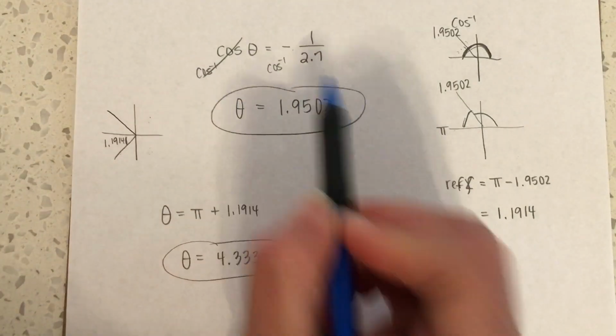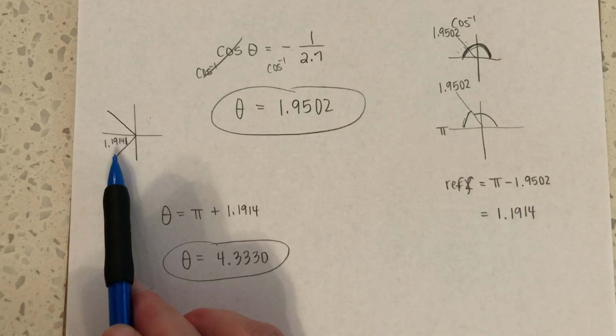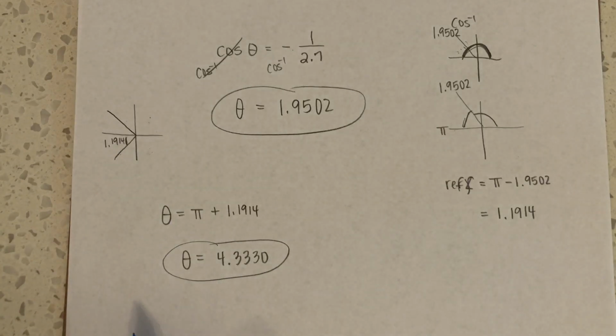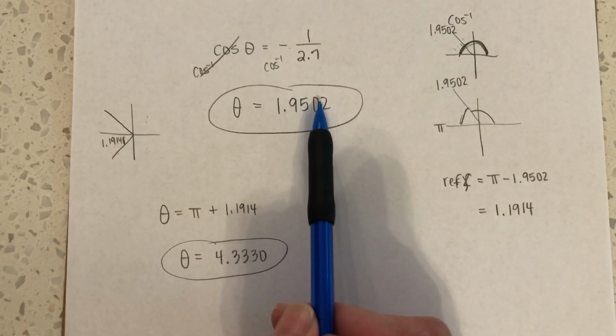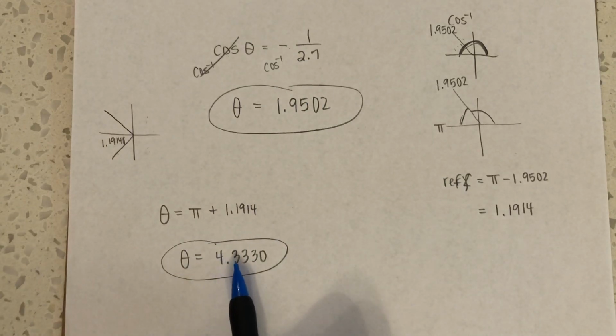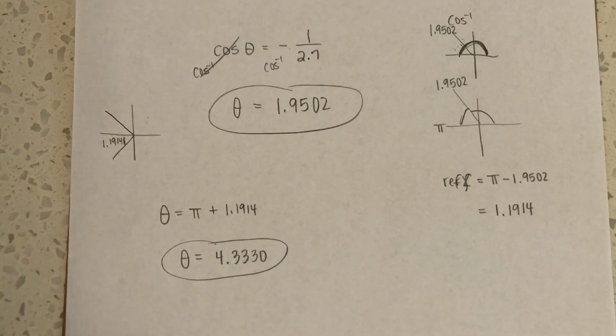So the two angles, the quadrant 2 and quadrant 3 angles that make this equation true, are 1.9502 radians and 4.3330 radians. Those are your two answers.